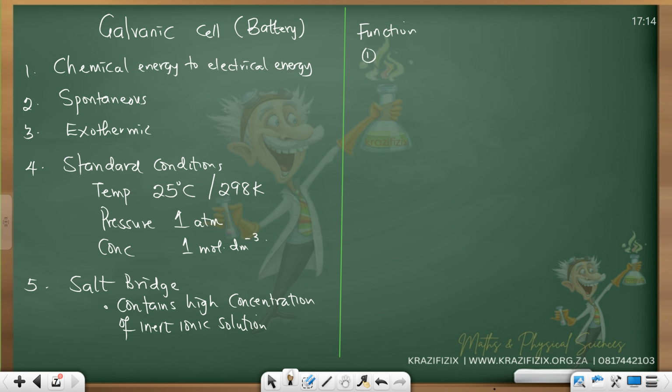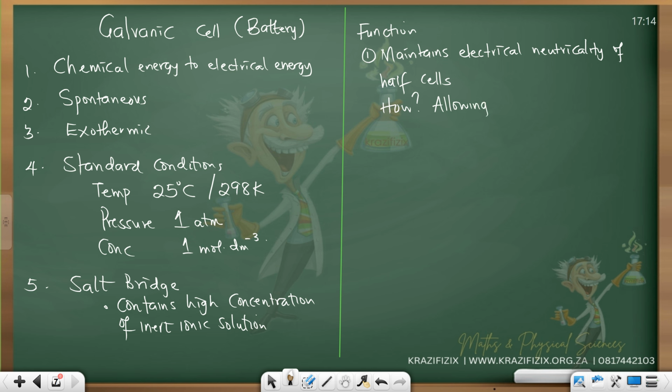Now, what are the uses or function? Yes, number one, there are 2 of them. Maintains electrical neutrality. Beautiful. Maintains what? Electrical neutrality of the half cells. But how? Not transfer of electrons, transfer of ions. Lovely.